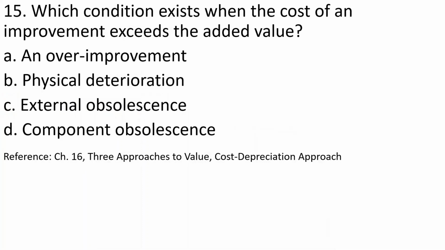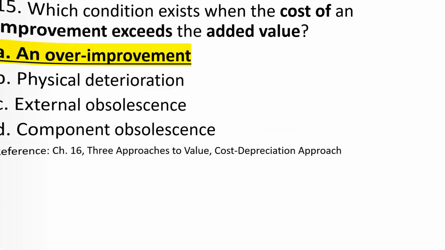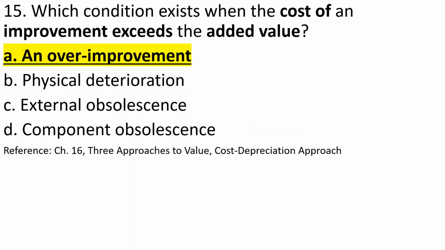Number 15, which condition exists when the cost of an improvement exceeds the added value? That would be A, an over improvement. Basically, imagine buying a house for $100,000 and putting in a $75,000 pool in your backyard.